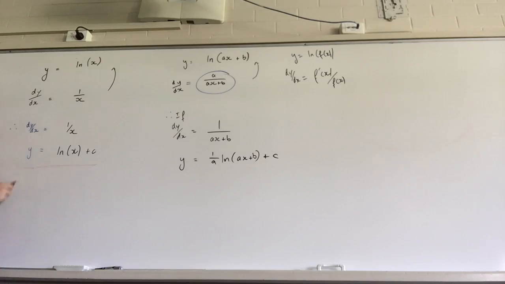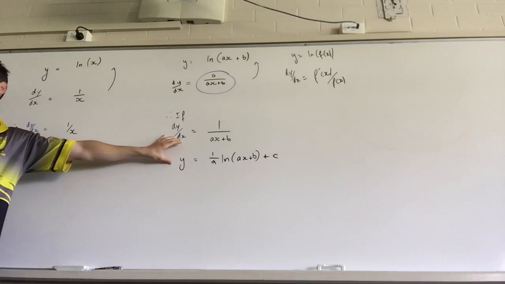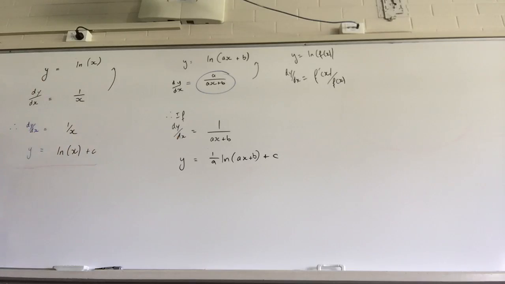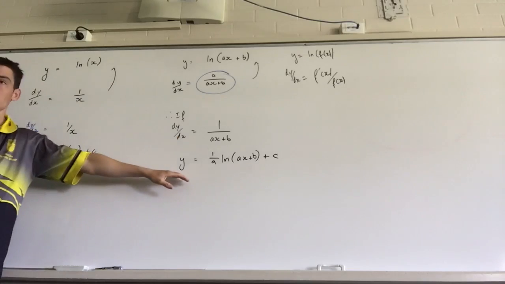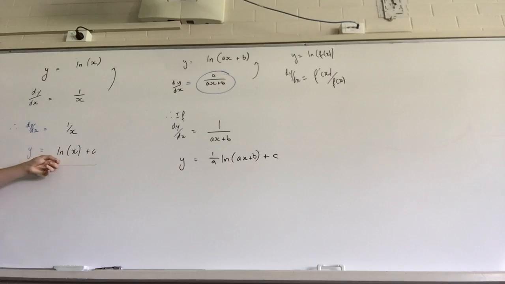Why would I not give you both? Why would I recommend that you only write the one on the right down? Will it work for both? Yeah. What's A? Is A 1? What's B?